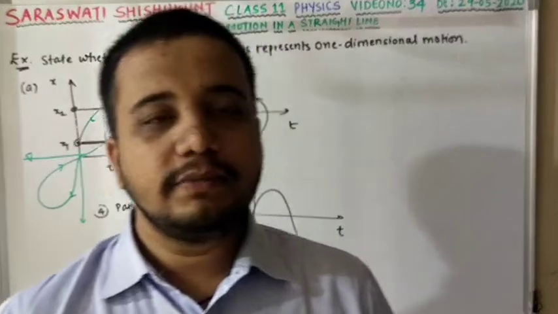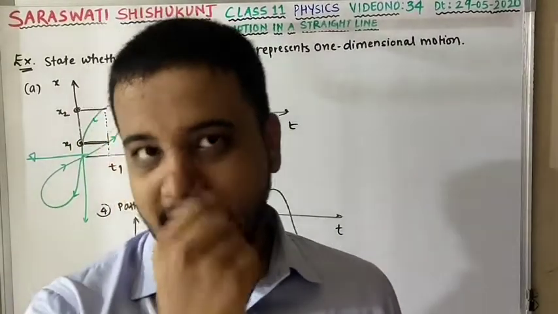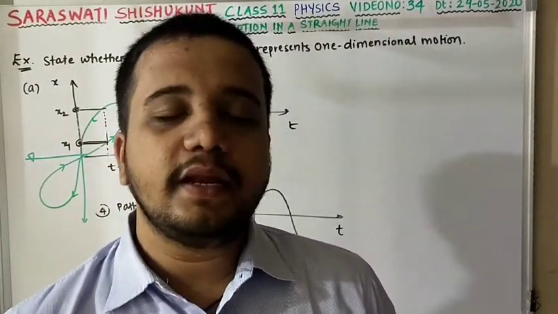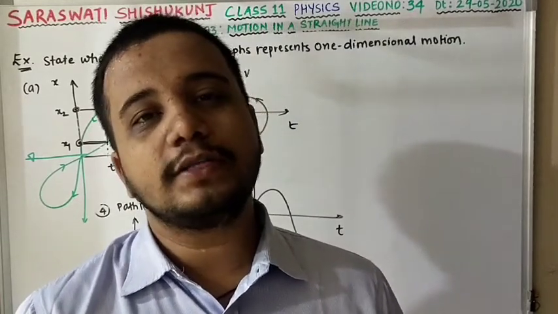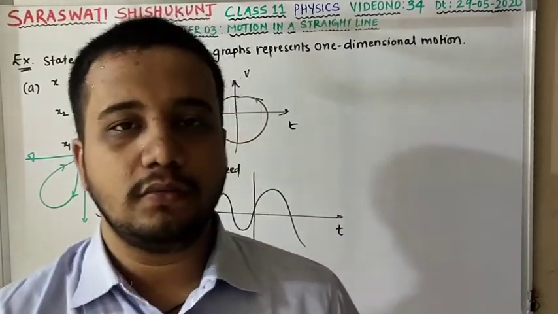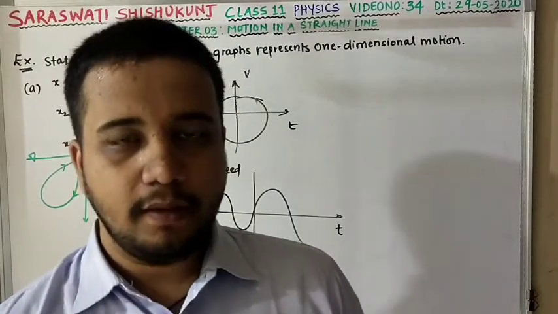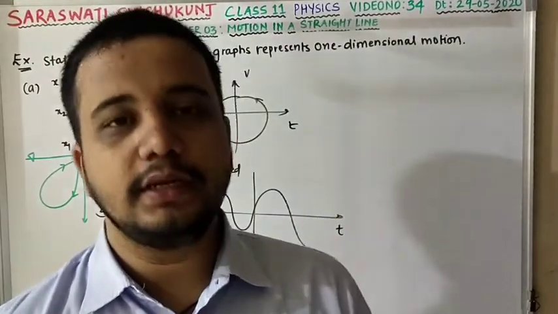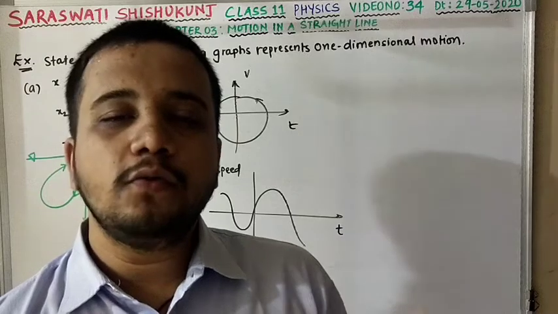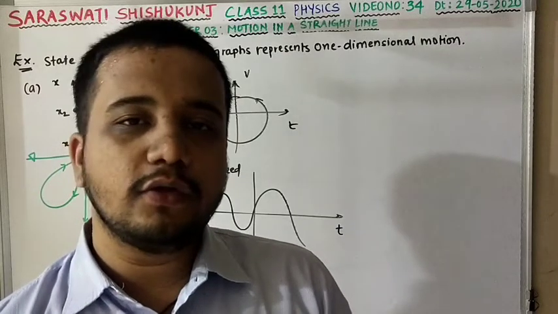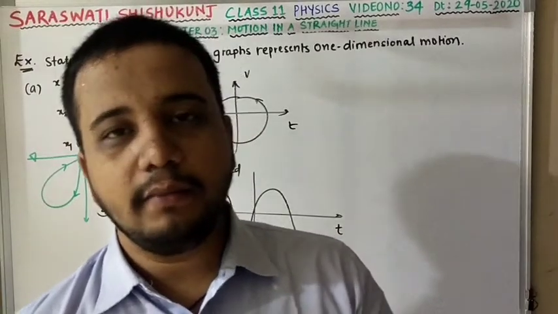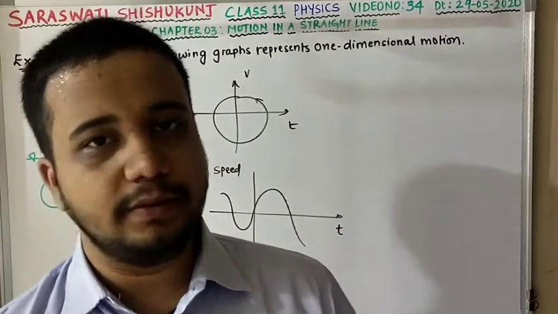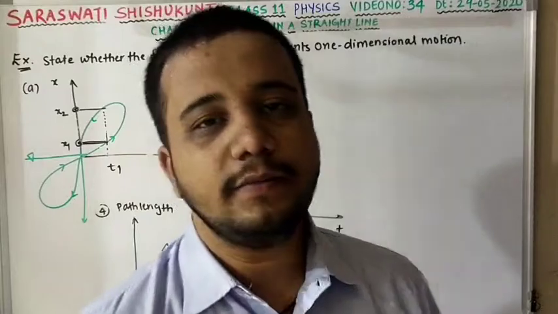Can this be possible? I can give an example: at 5 seconds, I am in Vadodara and also in Ahmedabad. Is it possible? At 2 p.m. I am in Vadodara also and in Ahmedabad also. How is it possible? One time, two positions. Not possible. So this is not one-dimensional motion.